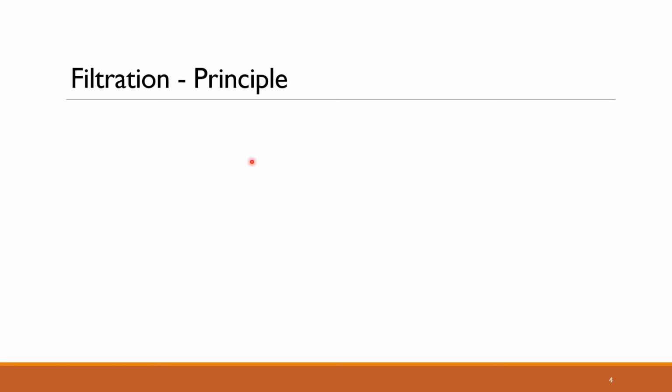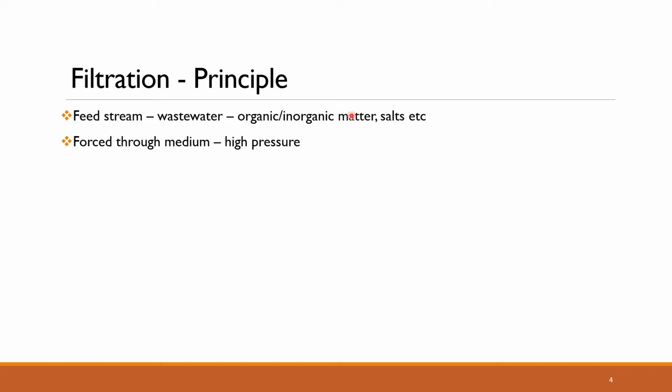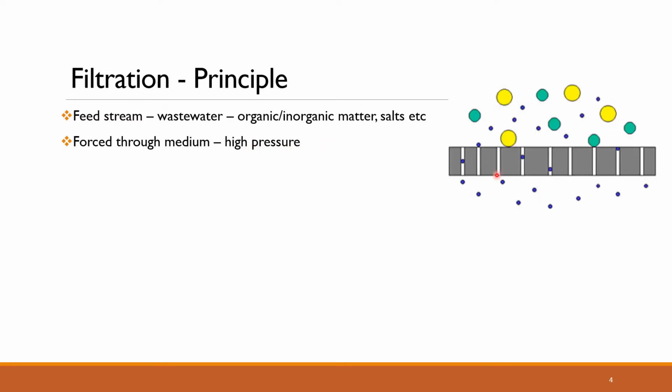The principle of filtration is employed in membrane filtration technology. The feed stream, which is usually a wastewater having various impurities, is forced through a filter medium under the application of high pressure. So this is the medium here, and this is your feed stream, which has got particles of different sizes, that is impurities of different sizes.